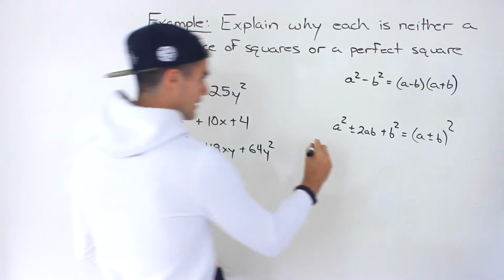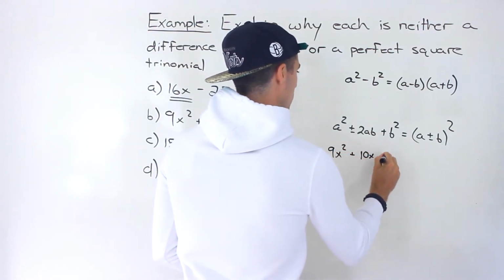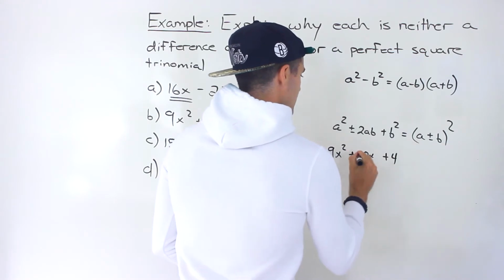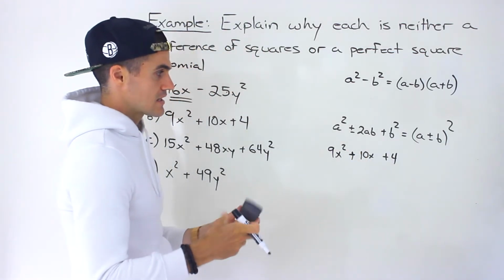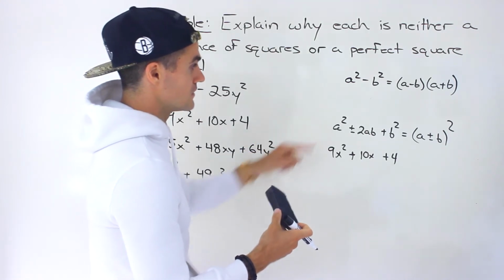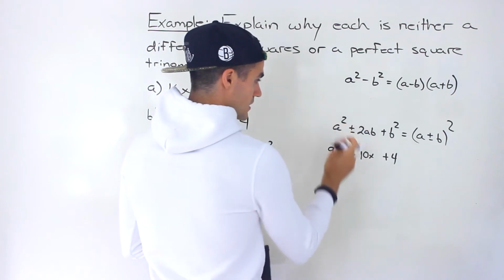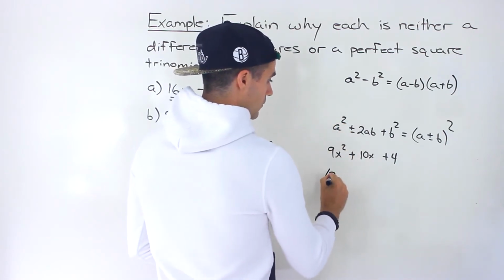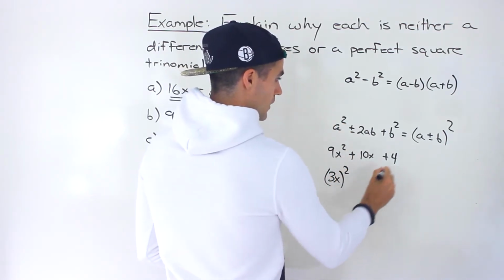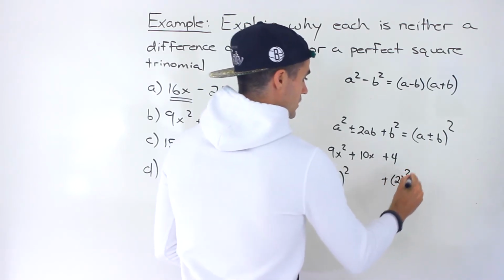So if we take 9x squared plus 10x plus 4, I'm basically going to use the same process that we used when we factored it: try to take this and rewrite it in this format. What are the first steps? Usually I work with the ends. So this 9x squared, I'm going to rewrite as (3x) squared, and this plus 4, I'm going to write as plus 2 squared.